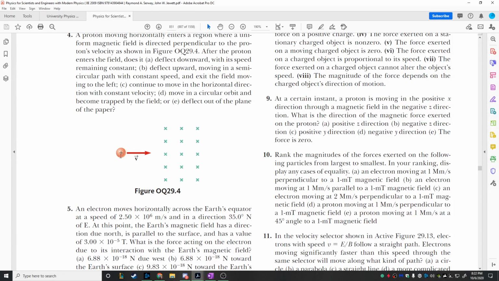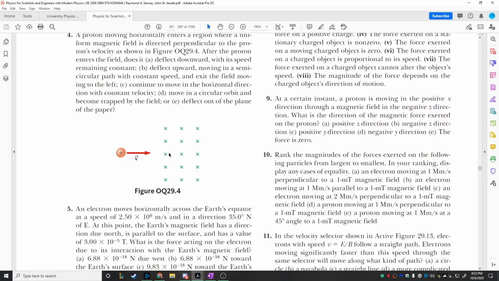We have a positively charged particle. It's moving to the right, right? It encounters a region of space where you have a magnetic field. What direction is the field pointing with these X's? Do you remember? Into the screen. That's right. So what would the initial deflection direction of this particle be once it enters the magnetic field?